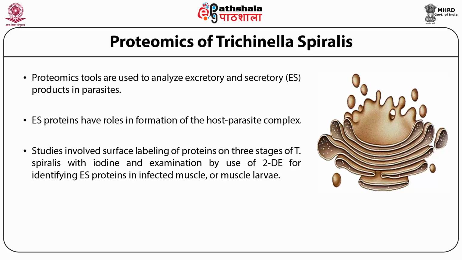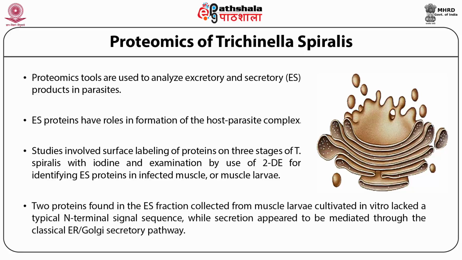The attempts resulted in analyzing only a few ES proteins in terms of their biological activity, due largely to problems in identifying individual proteins. Furthermore, 2 proteins found in the ES fraction collected from the muscle larvae cultivated in vitro lacked a typical N-terminal signal sequence, while secretion appeared to be mediated through the classical endoplasmic reticulum-Golgi secretory pathway.